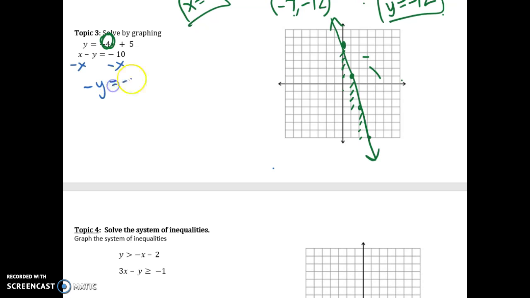Negative y equals -x minus 10. Then we've got to divide everything by -1. This is going to be annoying because our grid doesn't go to 10, but that's okay. So on my y-axis, I have 1, 2, 3, 4, 5, 6, 7, 8, 9, 10.